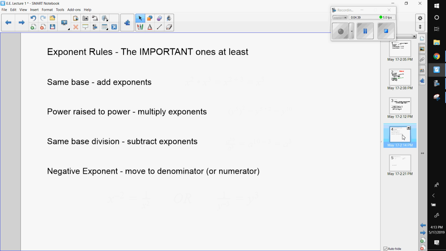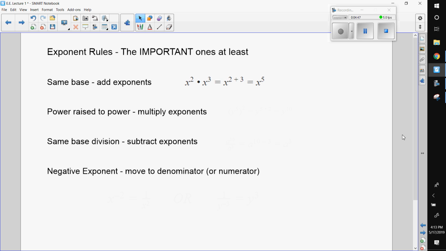And then lastly, your exponent rules. So at least the important ones that you're going to see the most of. Same base, you're adding the exponents. So I've got x squared times x cubed. I add 2 plus 3 to get x to the 5th. Power raised to a power, you're multiplying the exponents. So you've got y to the 5th in parentheses squared, you've got 5 times 2.